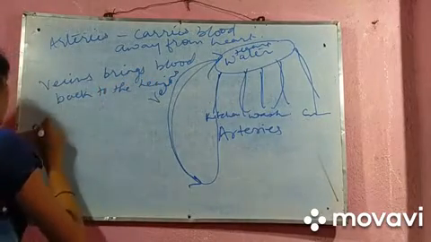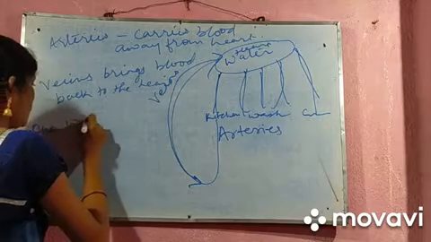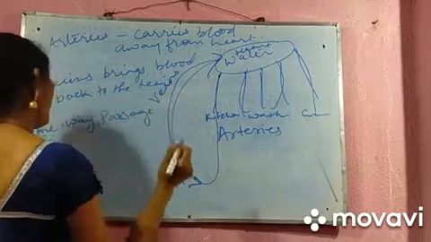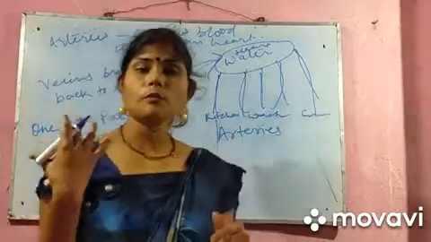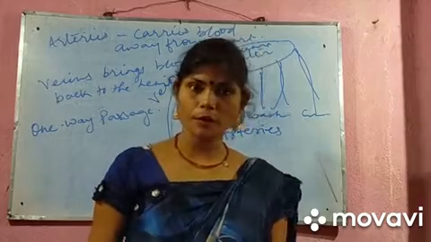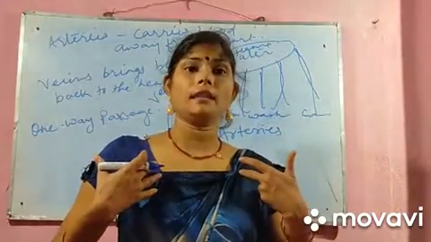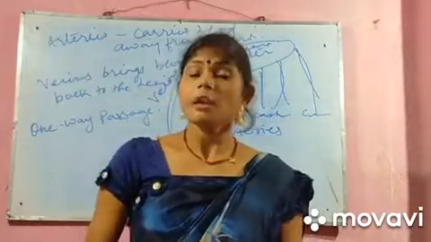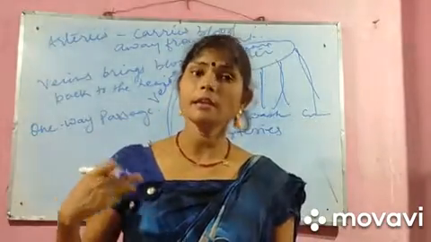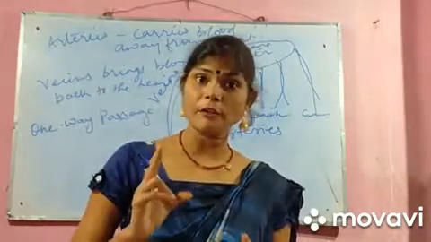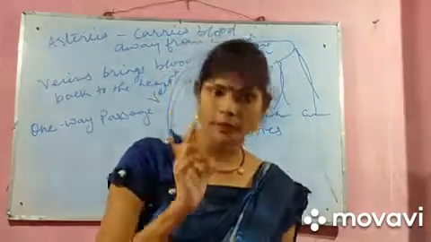There is always a one way passage, and when the blood goes from the heart to the different parts of the body, the blood cannot come up again through the same arteries, because there is a valve. It is guarded by a valve. It will come up again to our heart, but by a different medium, that is called veins.